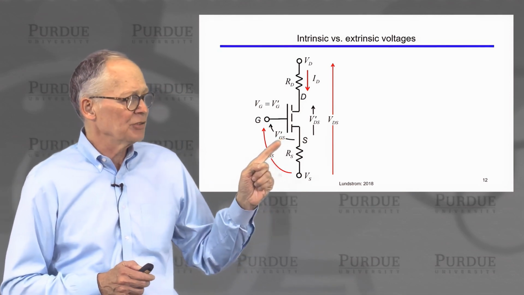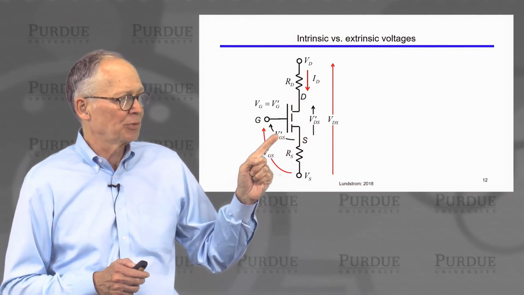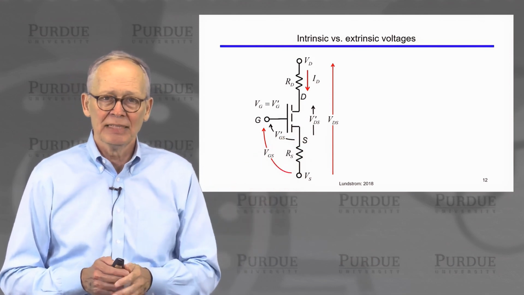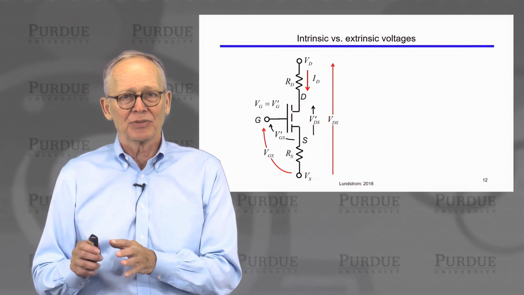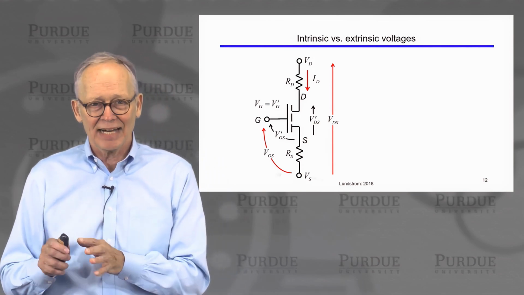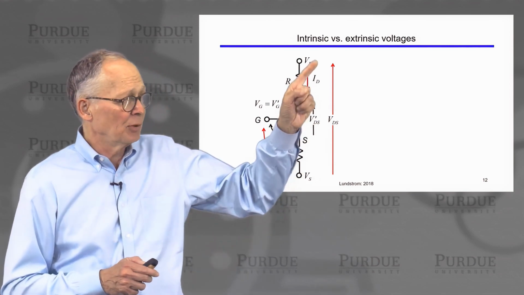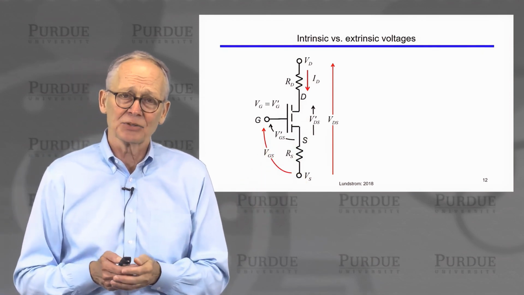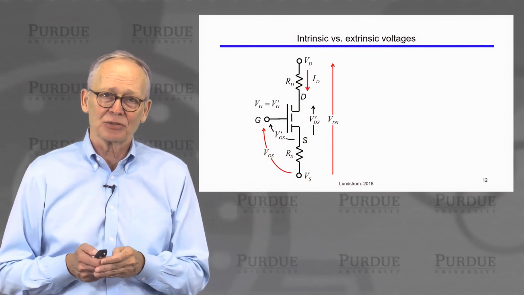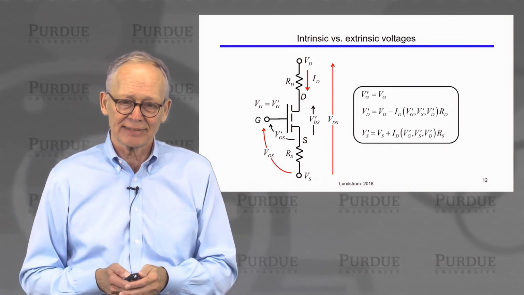I'm going to label those intrinsic voltages as V_GS prime and V_DS prime. So the IV characteristics that we've talked about earlier really refer to the V_GS prime and I_DS prime. The actual voltages that we apply to the drain and the source and the gate and the source have to account for the extra volt drops across these series resistors.